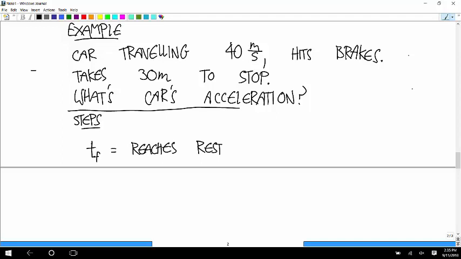And what are the things that we know at that point when it stops? That's right. It's traveled 30 meters. And we know one other thing. When it's at rest, the velocity is 0, exactly. And what's the earlier instant where we have some information? When it starts hitting the brakes, that's right. So time equals 0.